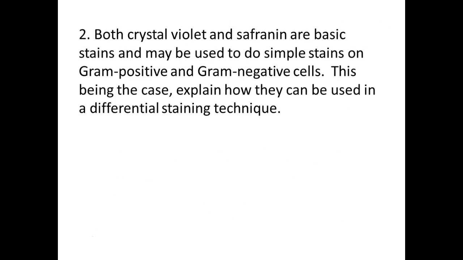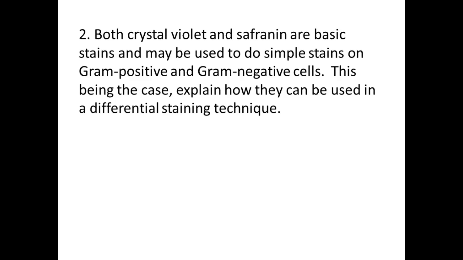Both of these dyes, safranin and crystal violet, are basic dyes, right? We can use them to do simple stains. But in simple stains, we're using just one dye. So can you determine gram-positive and gram-negative in that case? No. What is it about the differential stain that creates these differences?